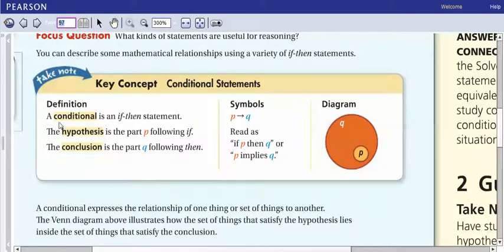A conditional is an if-then statement. Hypothesis follows the if. Conclusion follows the then. You want to get those three definitions written down. Conditional is an if-then statement. Hypothesis follows the if. Conclusion follows the then.